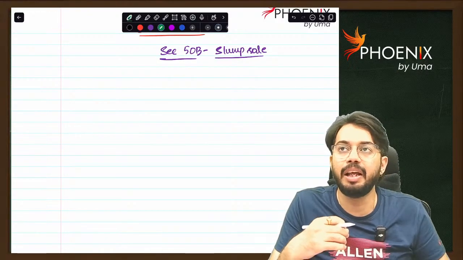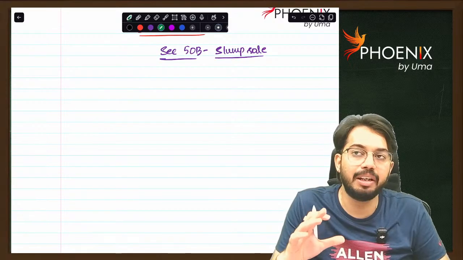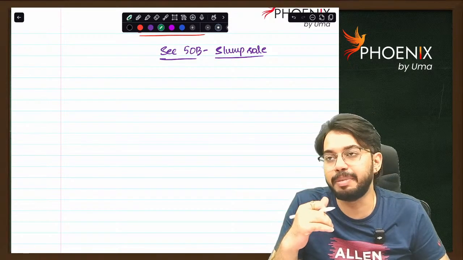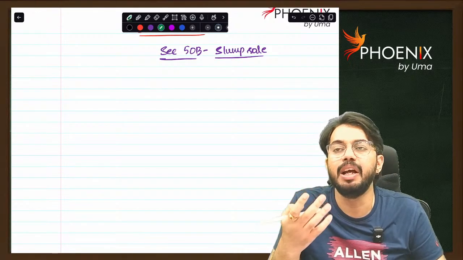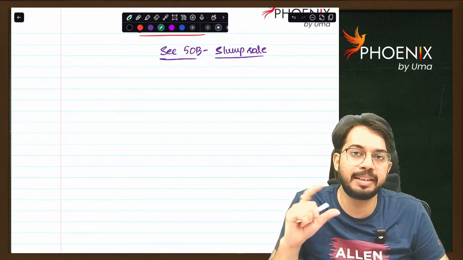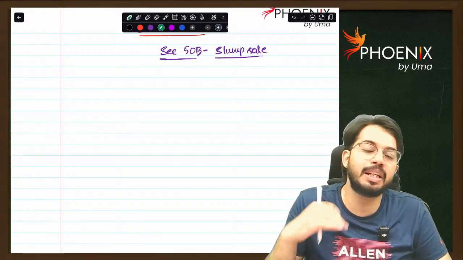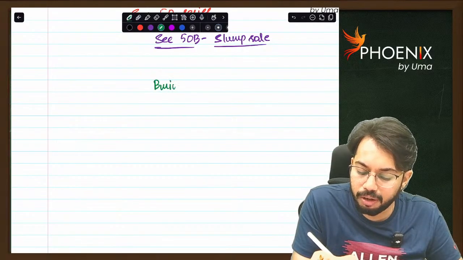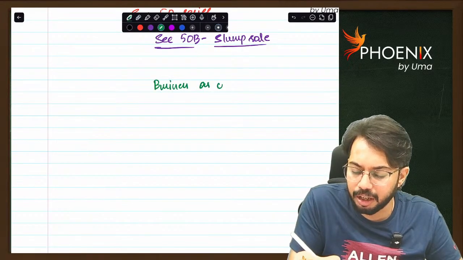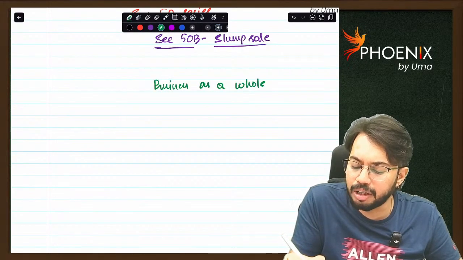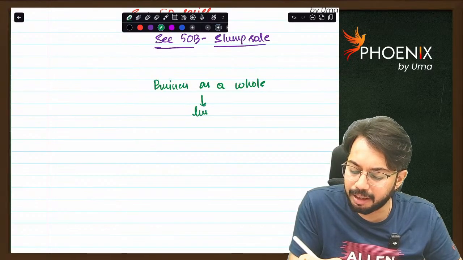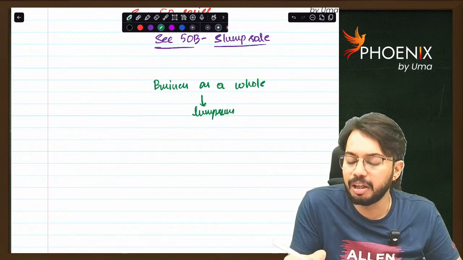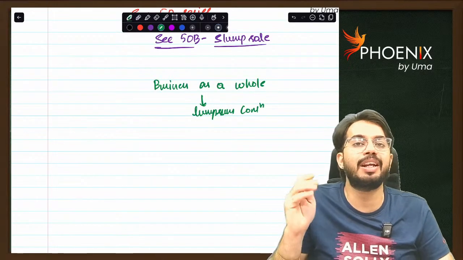Let's say I am having one business, real estate business. I have an option. Either I can sell asset by asset or I can sell business as a whole. So if business as a whole is sold for lump sum consideration, then that concept we call slump sale. That means we are not ascertaining individual assets and liabilities.